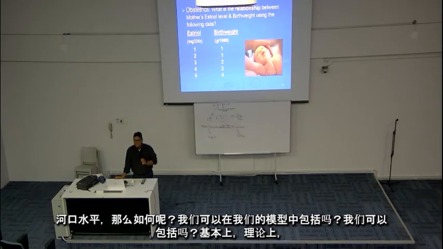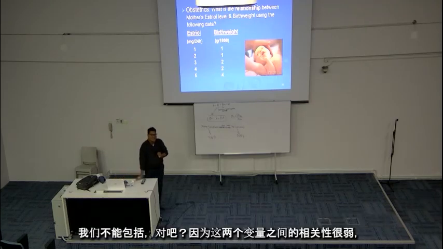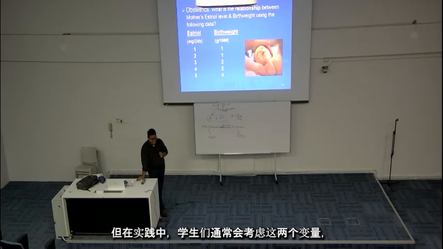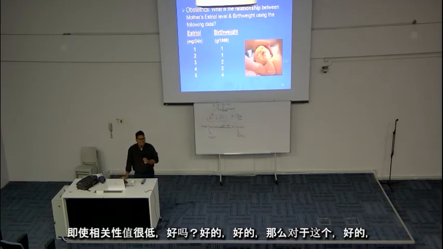Can we include it in our model? Basically, theoretically, we cannot include it, because there is a weak correlation between these two variables. But in practice, normally students will proceed with considering these two variables, even though the value of correlation is very low.